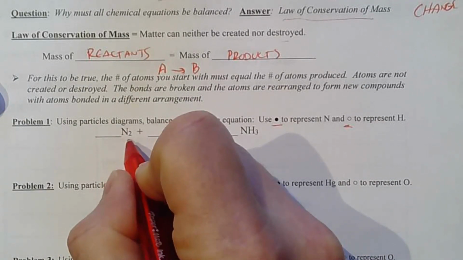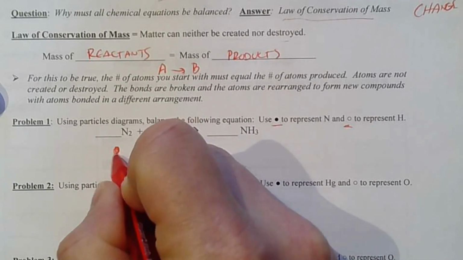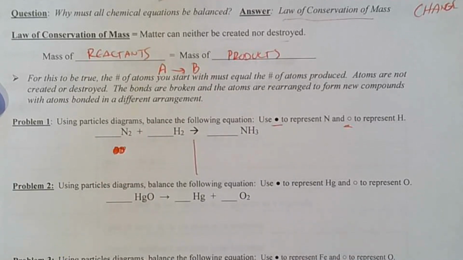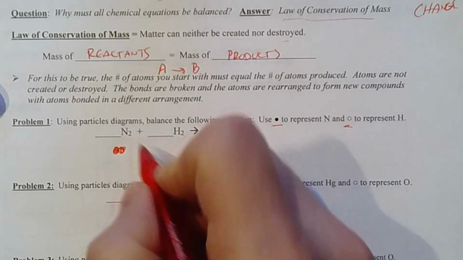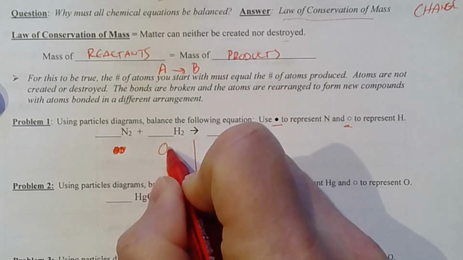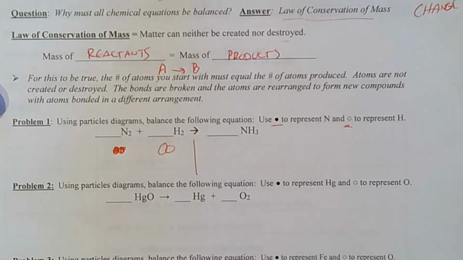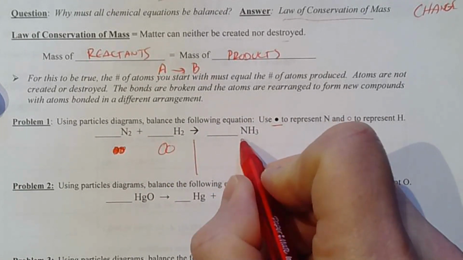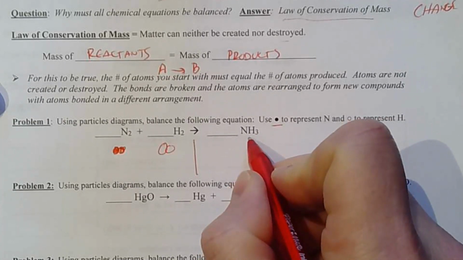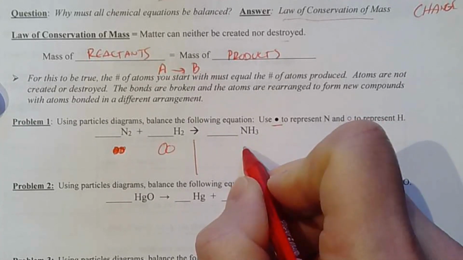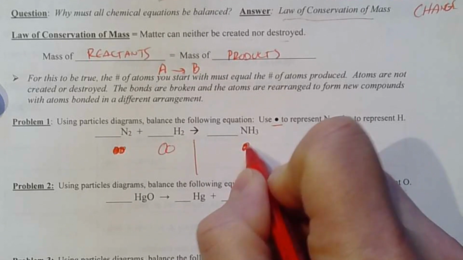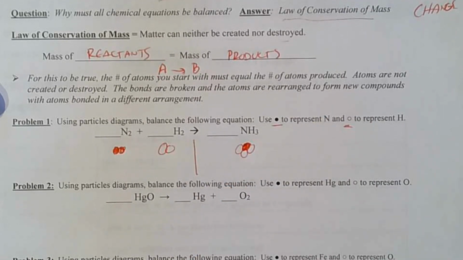N2 is a diatomic element, so the particle diagram would look like that. Hydrogen would look something like this, and the NH3, the nitrogen trihydride, or ammonia as it's commonly referred to, would look something like that.